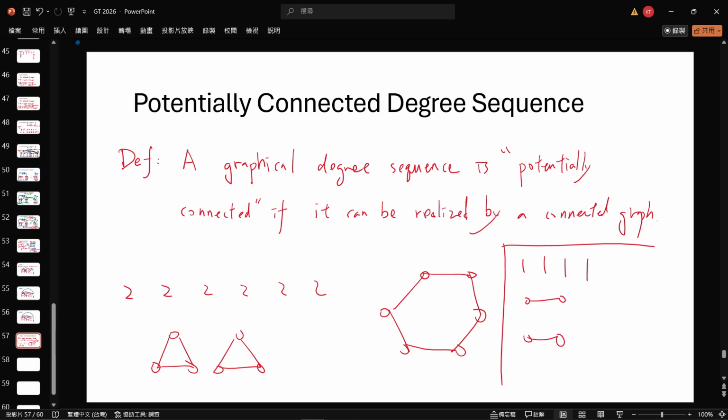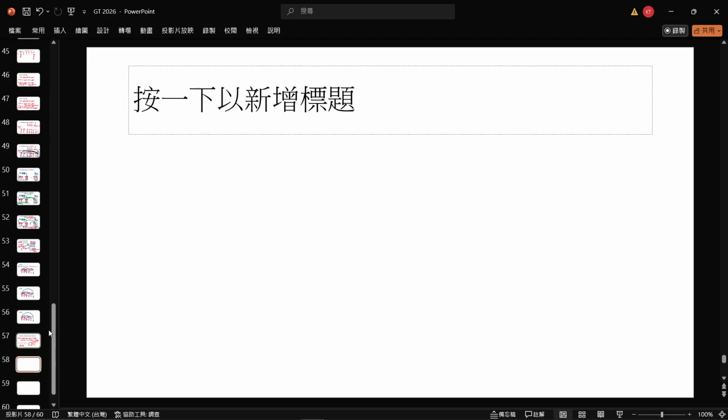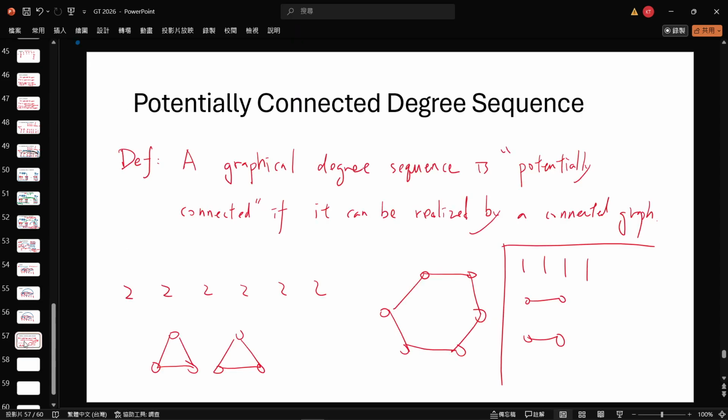Okay, so we're going to study two versions of problems related to potentially connected. So first, recall that for graphical degree sequence, there's no simple check to test whether it is graphical or not.